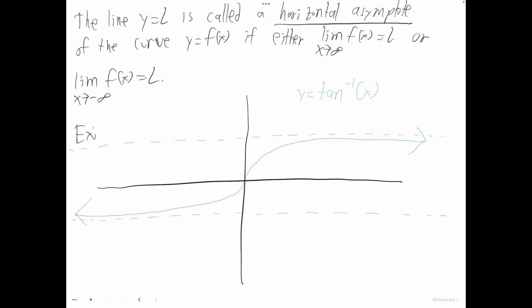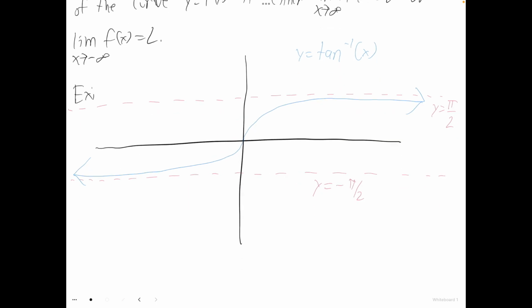And so these are the lines y equals negative pi over 2 and y equals positive pi over 2. And so now this graph of tangent inverse, or it's also called arctangent, is a helpful graph to remember. It does have these horizontal asymptotes, where they are different if you're going off to infinity or negative infinity.